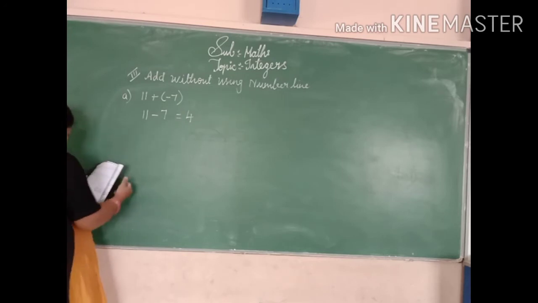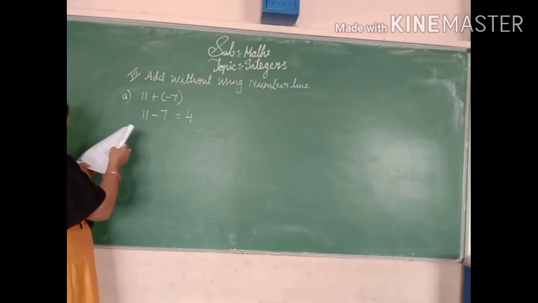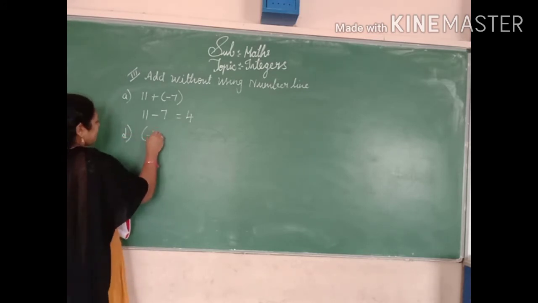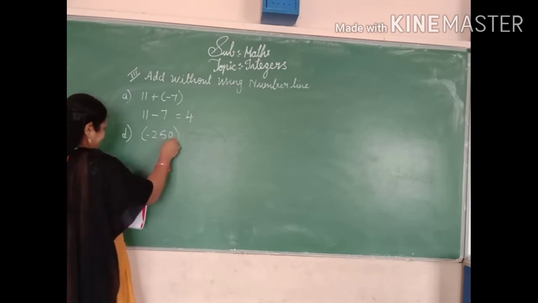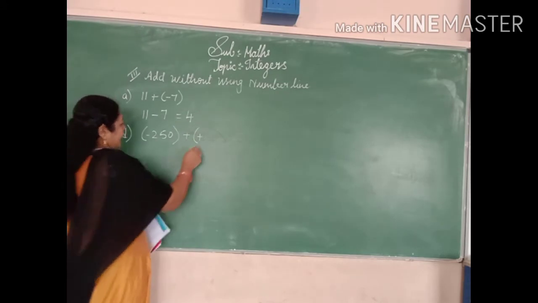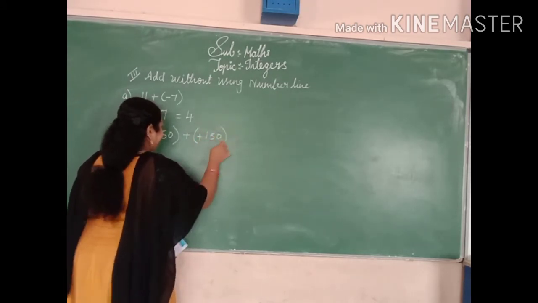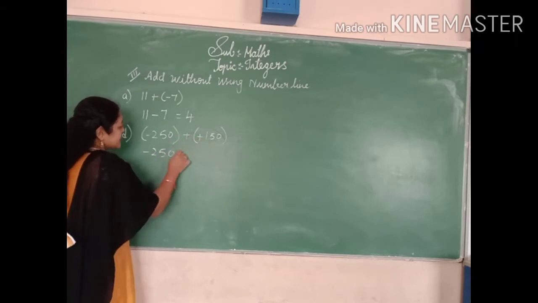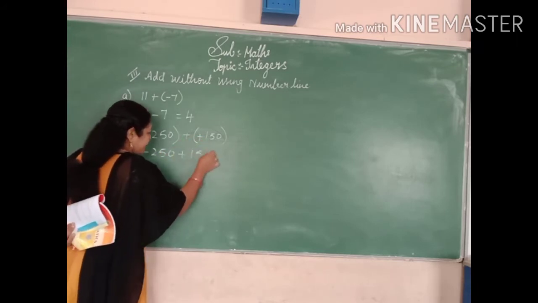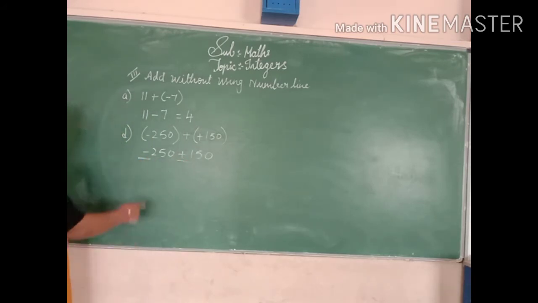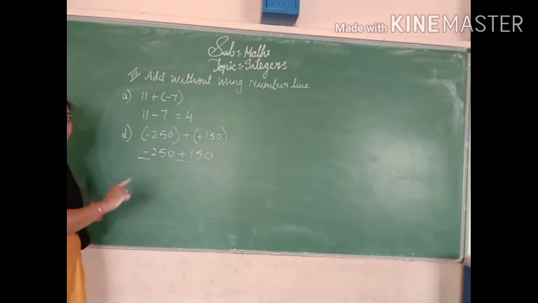So take another one. Then we go to D, minus 250 plus 150. That is minus 250 plus into plus 150. Here we have 1 plus and 1 minus. Because we have 1 plus and 1 minus, we go for subtraction because they are opposite numbers.